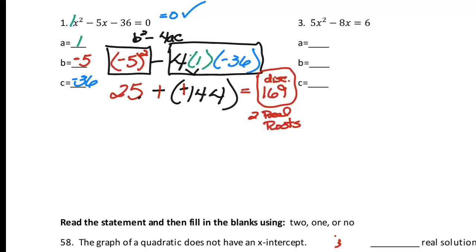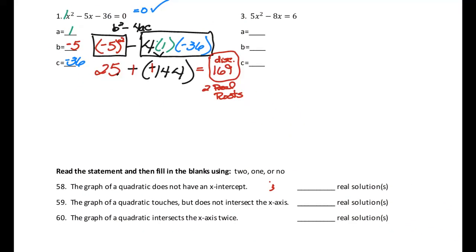Okay? So now we're going to write the quadratic formula. X equals opposite of b plus or minus the square root of, now since I've already found the discriminant, I'm going to put that 169 inside and under because we already solved that part.